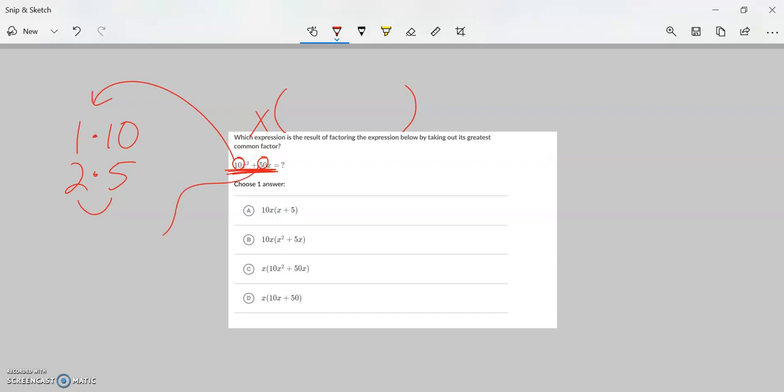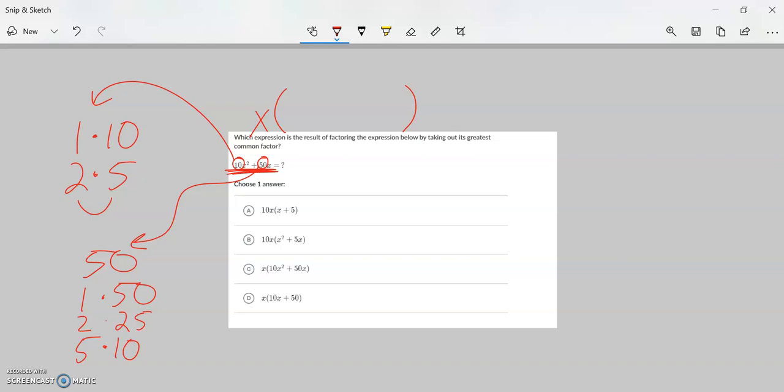Then for 50, let's do the same thing. We have 1 times 50, 2 times 25, 3 does not, 4 does not, 5 does. 5 times 10, 6 does not, 7 does not, 8 does not, 9 does not.